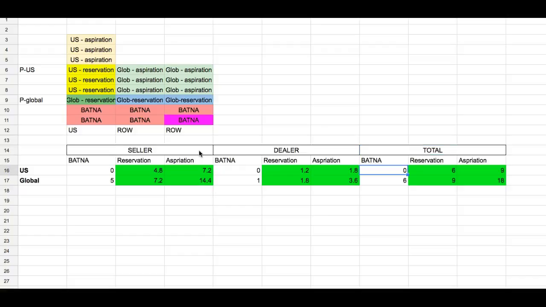So we have a BATNA for total dealer plus seller. BATNA is 6 million, if you would sell it to somebody else. The total for the deal for a US patent would be 6 in the US and 9 for the global deal, and aspiration is actually 9 for a US patent deal and 18 global.